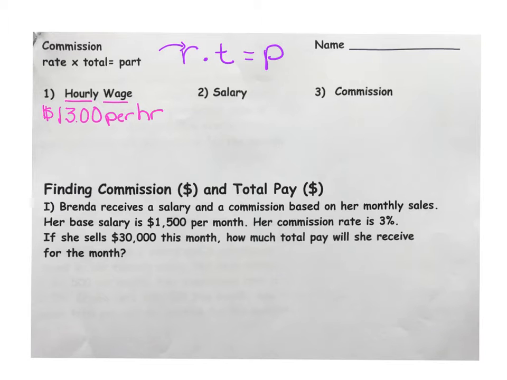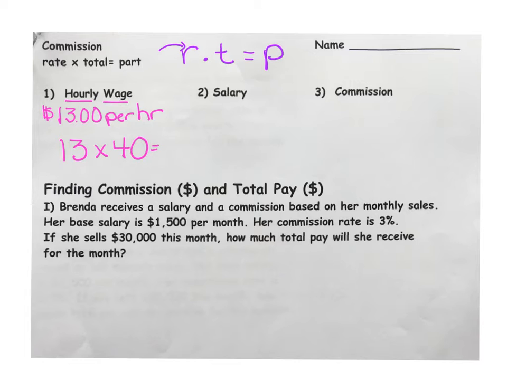So, if you work 40 hours a week at $13 an hour, you get paid for every hour you've worked. In order to calculate your gross pay, you would take $13 times 40 hours. And that would be your gross pay depending on how many hours you worked.